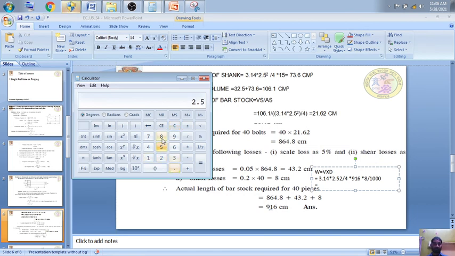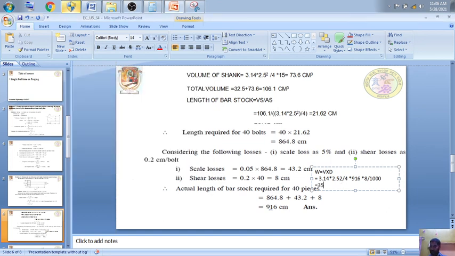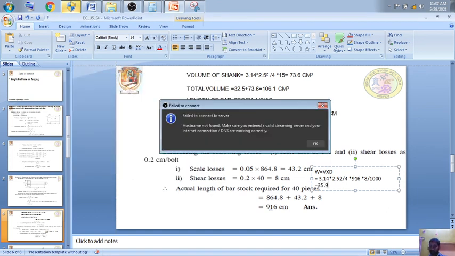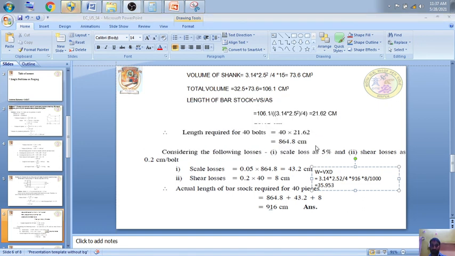So we calculate: 3.14 into 2.5 square divided by 4, into length 916, into 8, which is the density, divided by 1000, equals 35.953 kg of material.